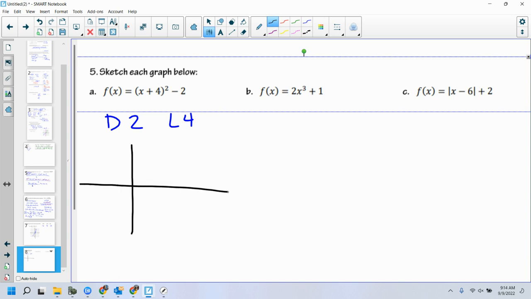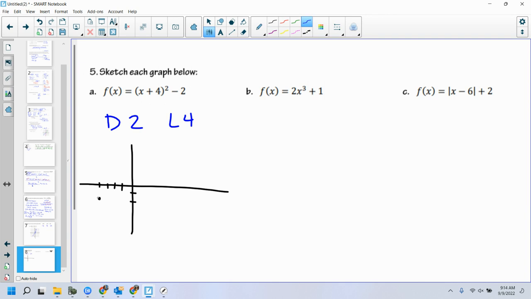I'll provide you a graph, but I'm going to go down 2, left 4. Down 2, there. Now, is it widened or narrowed at all? No. Okay, so you don't need to make it any skinnier or anything like that. I go up 1, over 1, up 1, left 1. Yeah, that's good enough for a sketch.